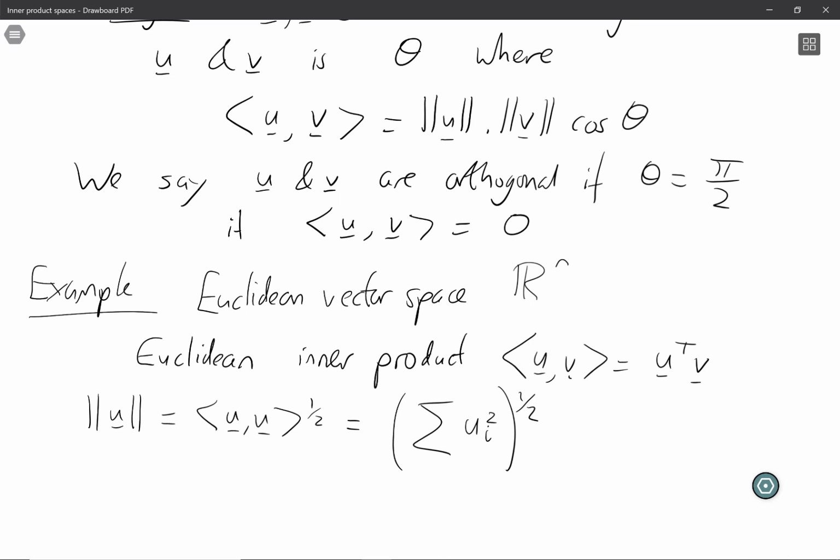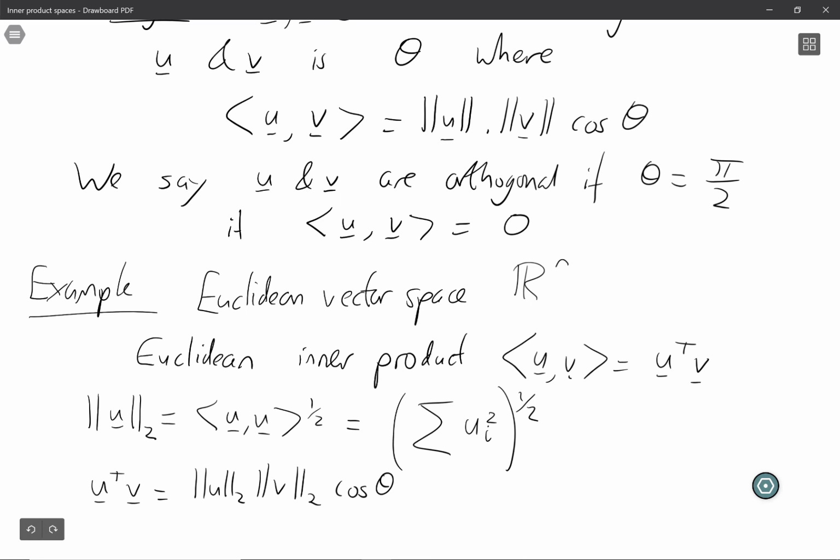And for reasons we'll see later, when we're using the Euclidean inner product, the norm often gets a 2. This is called an Lp norm, which we'll see more about in a moment. The angle here, if we think about our rule, we've got u transpose v is the length of u times the length of v times cos theta.